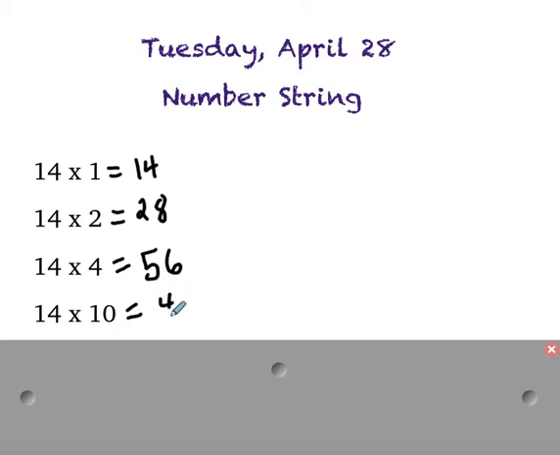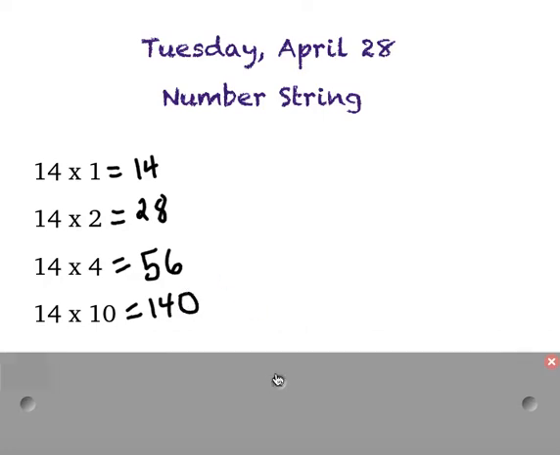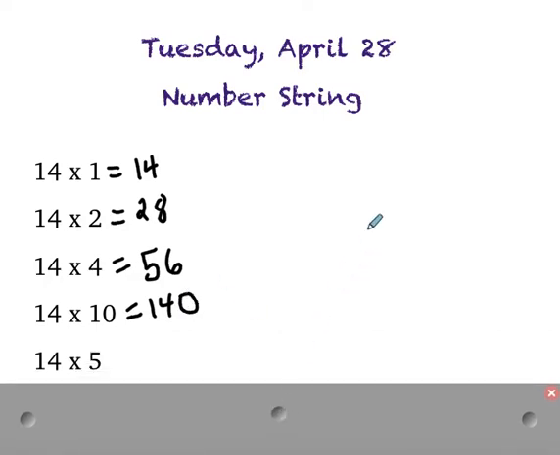So that'll give us 140. Now, since I know 14 times 10, I should be able to figure out 14 times 5 by just dividing 140 in half, which would give me 70.